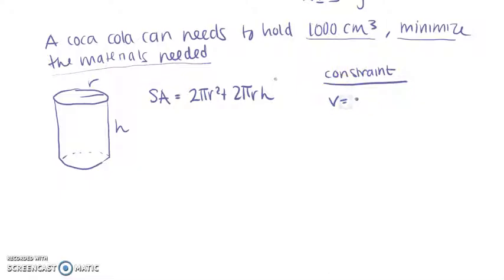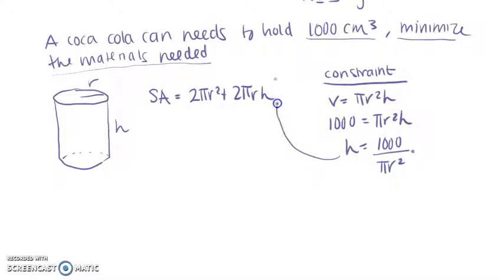So our volume equation is pi r squared h, and if we set that equal to 1,000, now we have to solve for one of our variables, and the easiest one to solve for is h. So h is equal to 1,000 all over pi r squared.